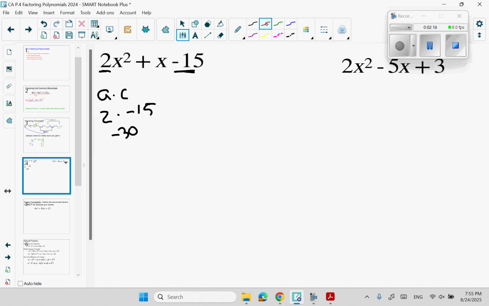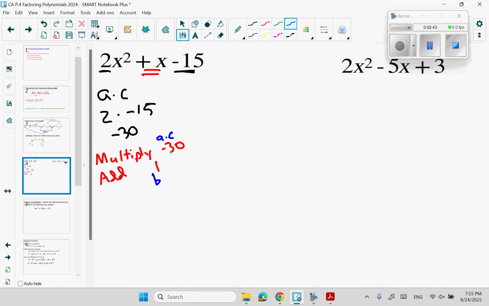Now, I want to find two numbers that multiply to negative 30 and add to whatever my b term is. In this case, my b term is 1.